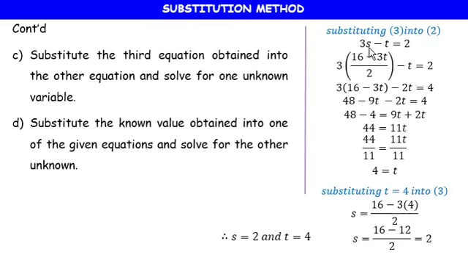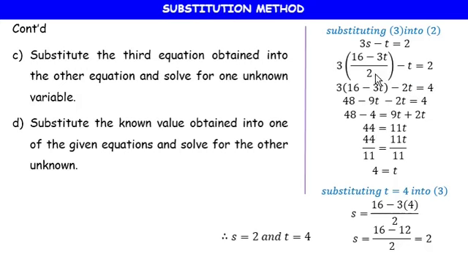Meaning that wherever we see s in equation 2, we are supposed to replace it with 16 minus 3t all over 2. So our equation 2 is 3s minus t is equal to 2. So 3s means 3 times s, and our s is 16 minus 3t all over 2. So we're going to have 3 into bracket 16 minus 3t all over 2 minus t is equal to 2.